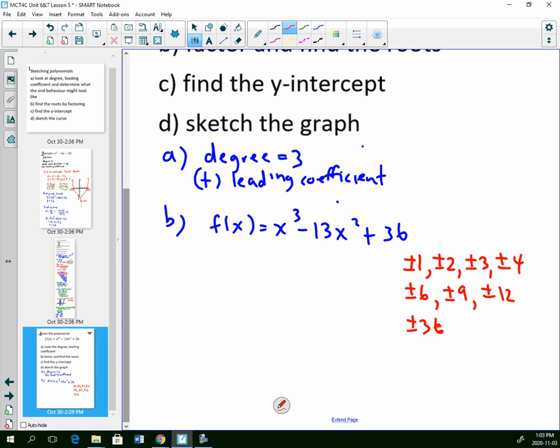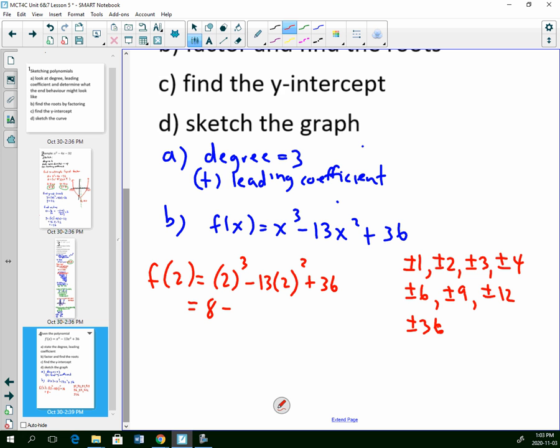I'm going to try to find a zero. Let's see. I know 1 and negative 1 is not going to work. Just looking at the numbers, I can see that 1 and negative 1 are not going to get me a 0. So let's try 2. So we've got 8.